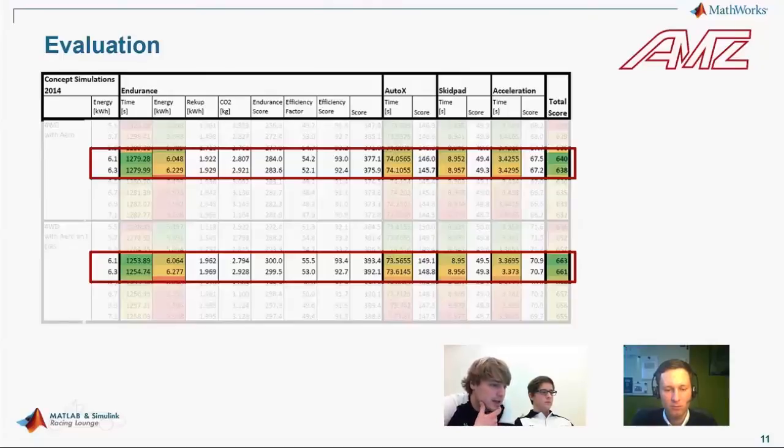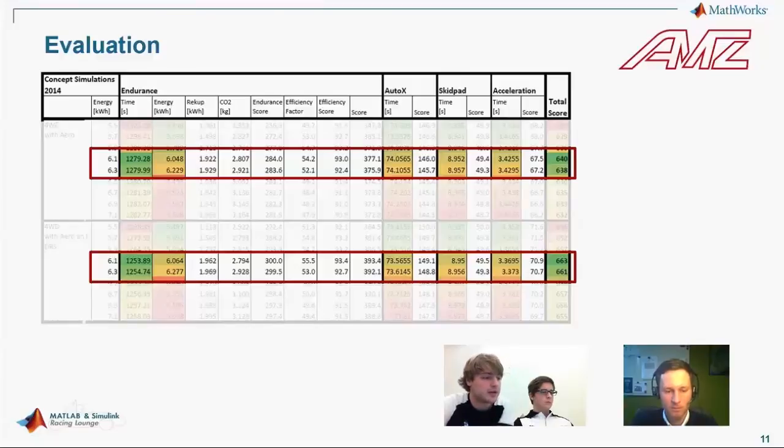What we now see from this one is the highest total score. So the highest score in all dynamic events is at between about 6.1 and 6.3 kilowatt hours for energy carriage.